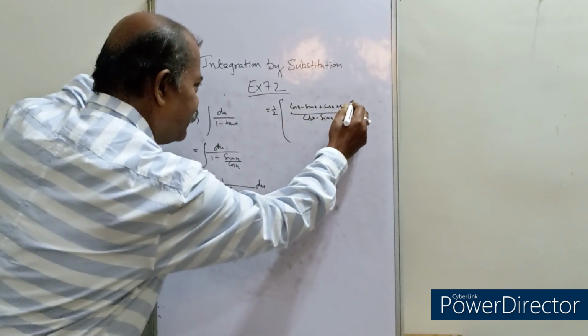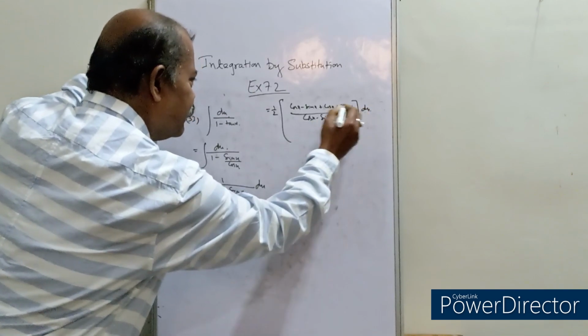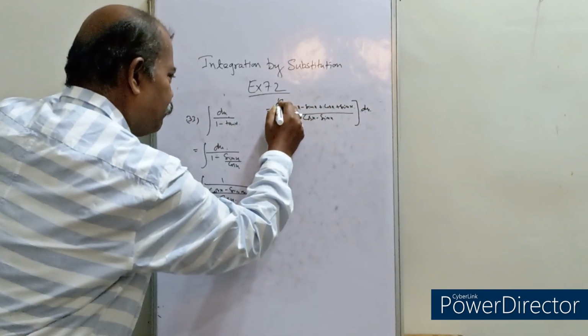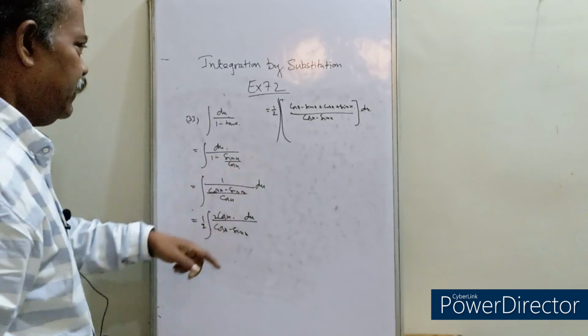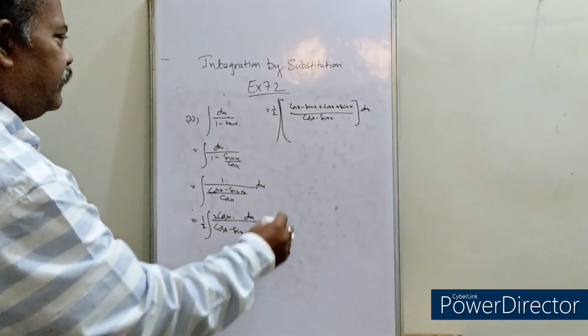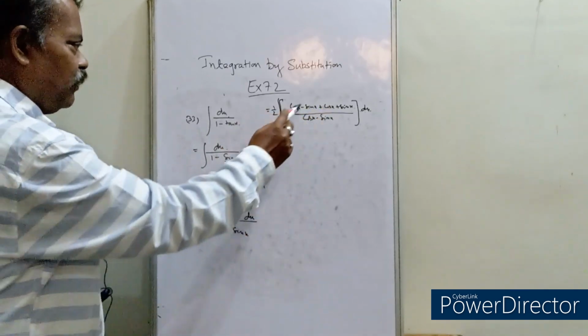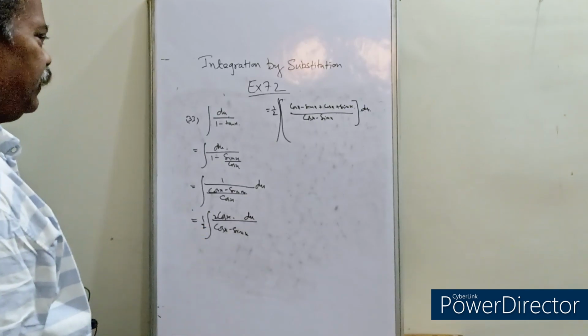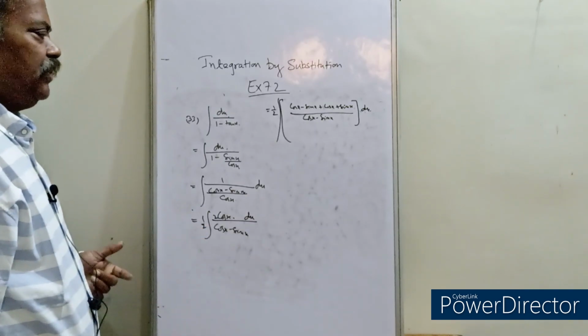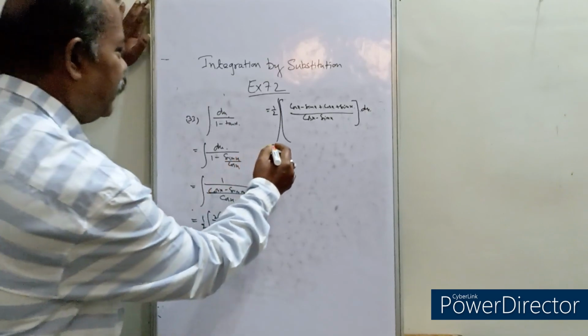You can see here, everything is clear: sin x cancels out, and cos x plus cos x is 2 cos x. So there is no change in the question, so I can do it.